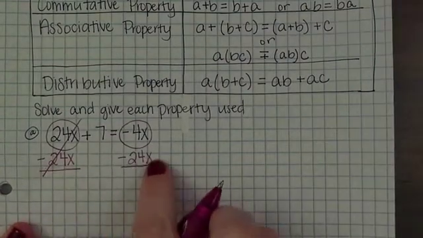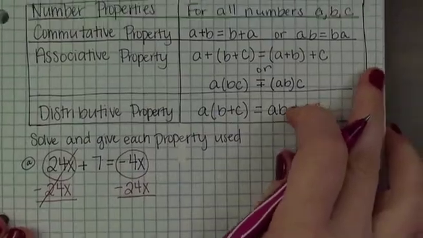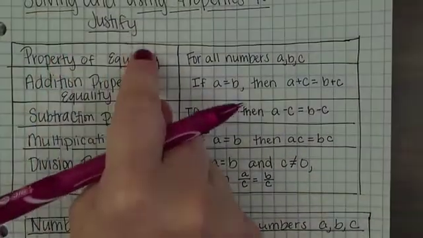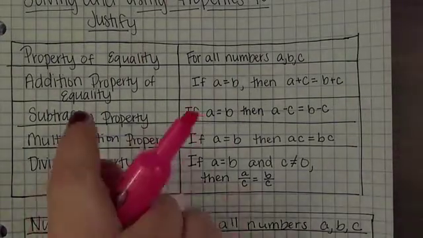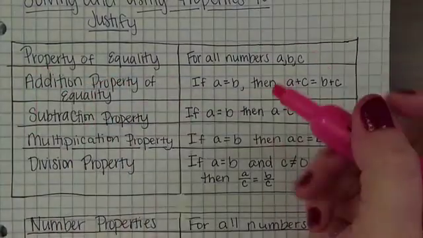Well, what did I do to both sides of the equation? You're going to look up here. Notice these are the properties of equality. If you're having to give which property was used, notice this first one. I'm going to talk about these just a little bit. So we have the addition property of equality.